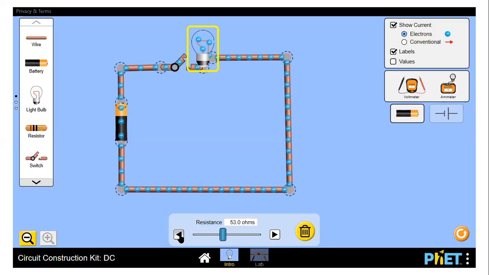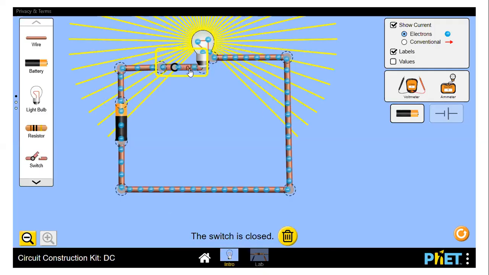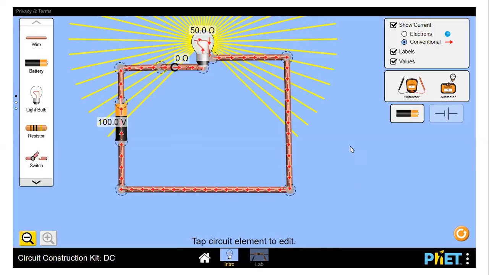Okay, 50 ohm is the resistance, right? So when I turn this on, what happens here? Conventional current will flow. What is the value of this? Now you can note down this value.